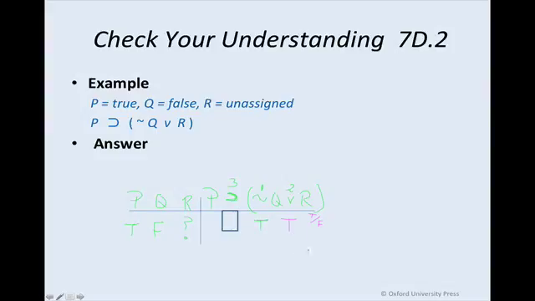Lastly, we already know now what the value of the disjunction is, and in fact, we don't need to know the value of the antecedent of the conditional claim. That's because a conditional is going to be true when the consequent is true. Remember, there's one and only one way for the conditional to be false, and that's when the antecedent is true but the consequent is false. So if the consequent is true, it doesn't matter what the antecedent is, but we're given its value anyway. All right, let's go ahead and check to see if our work is correct.